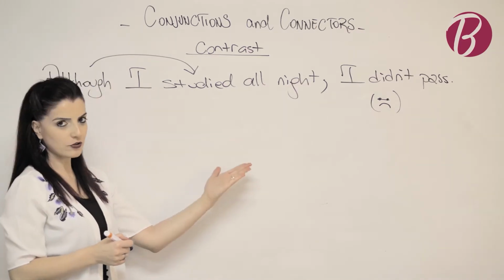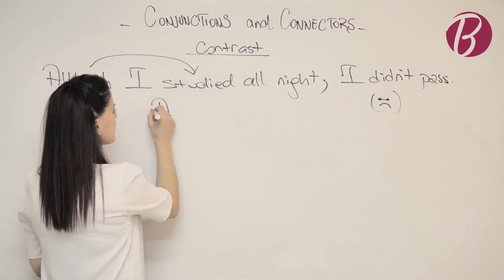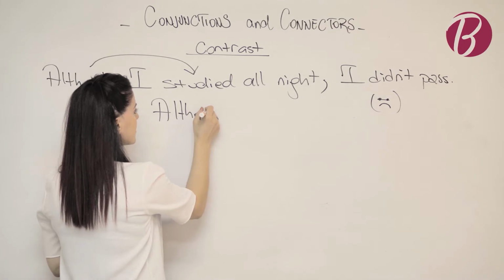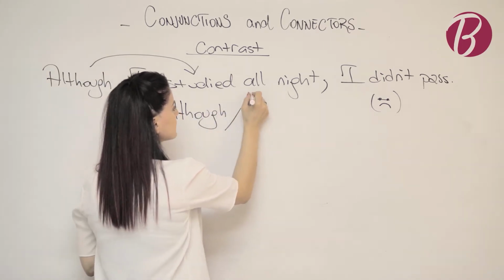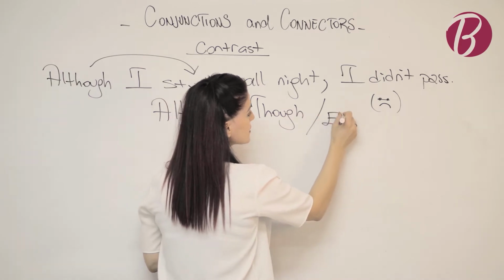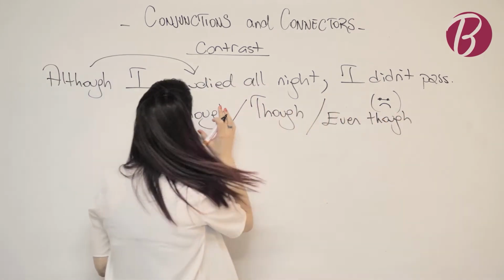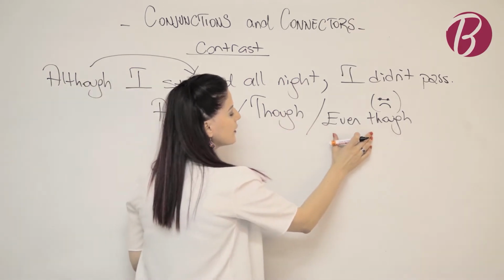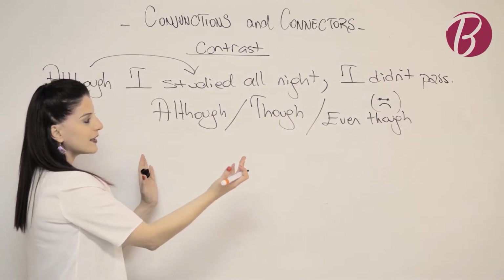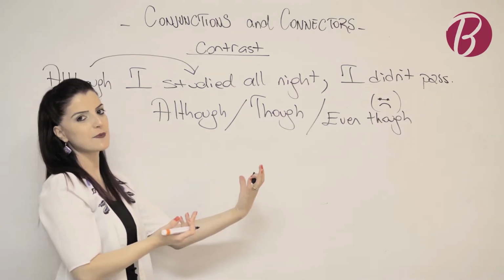As well as although, you can also use these conjunctions: though, or sometimes even though, to emphasize. Although, though, even though, all the time they are used to give contrast meaning.